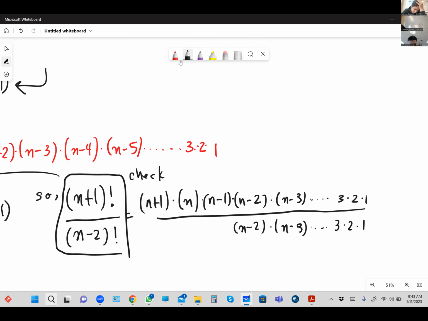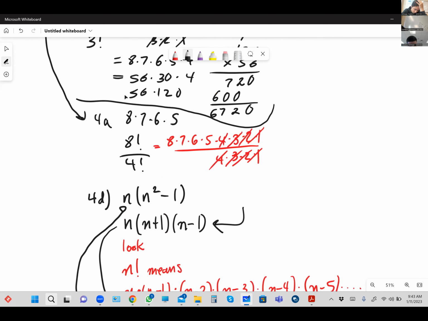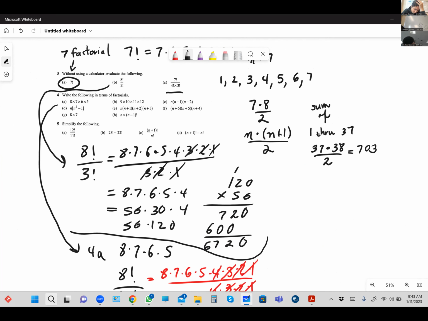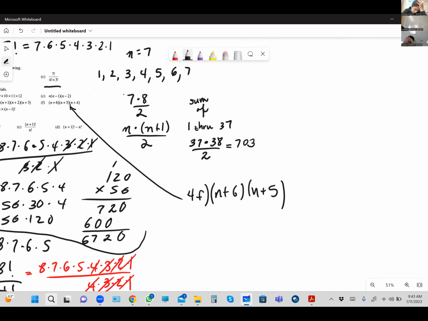Okay, let's get another example. Let's go back up here and do F. We have n plus 6 times n plus 5 times n plus 4, and n plus 6 divided by n plus 3.